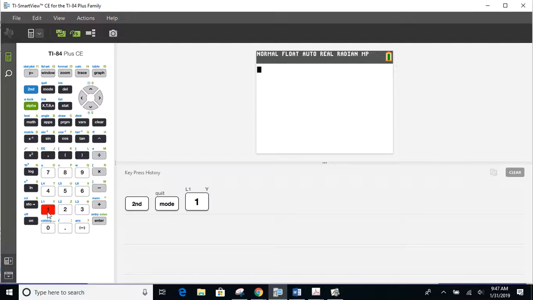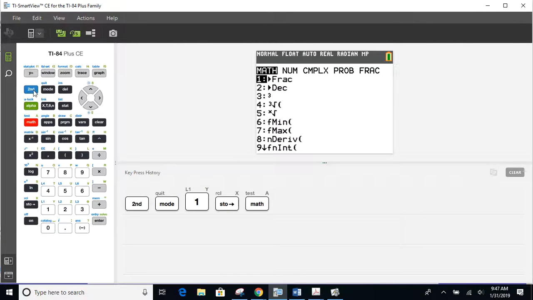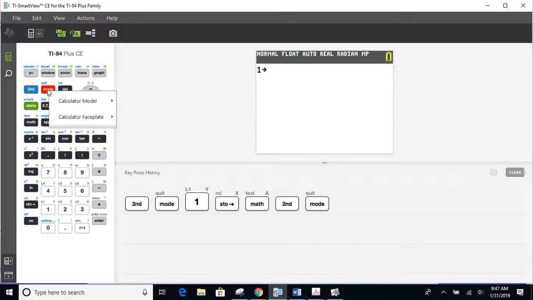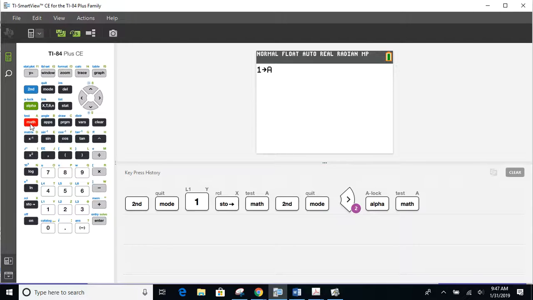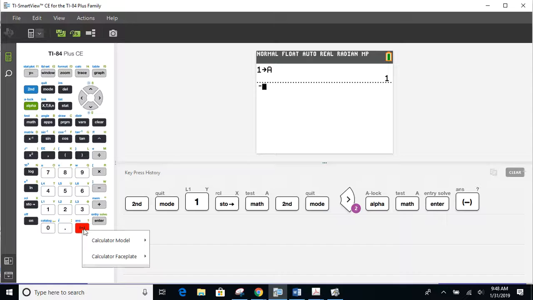I take 1 and store it in for A. My negative 6 was my B value. I store that in for B.